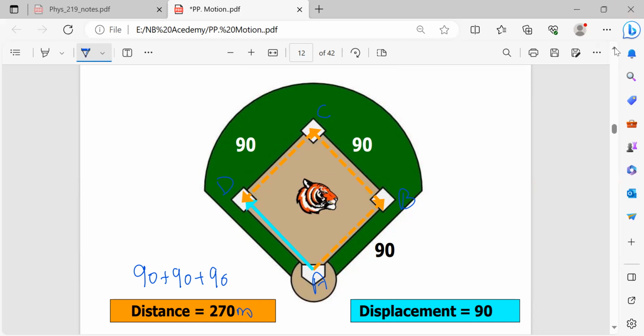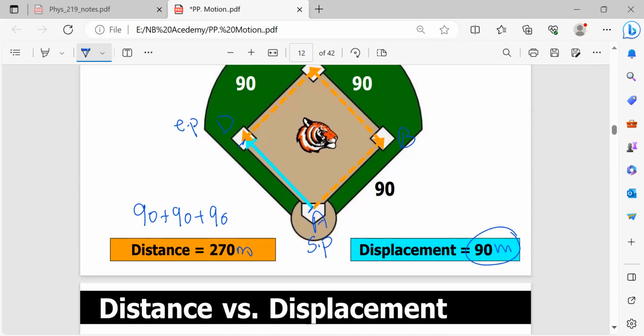But in case of displacement, because we said that displacement is the direct length from the starting point to the ending point, in this case, from A to D, the starting point is point A, and the body ends its motion at point D. So the direct length from A to D will be 90 meters. I hope the difference is clear now between distance and displacement.